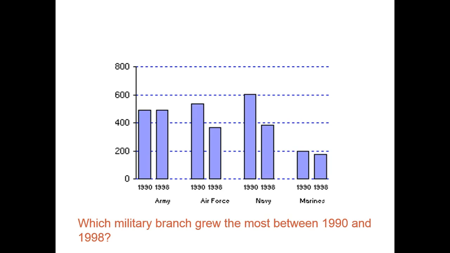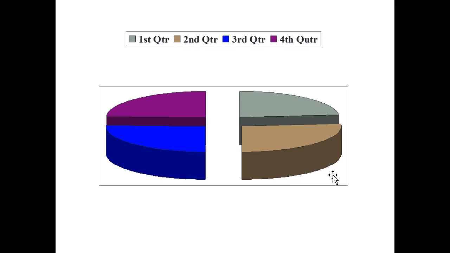If we do something like this, we see that between 1990 and 1998, most shrunk, so none of them really grew a whole lot.